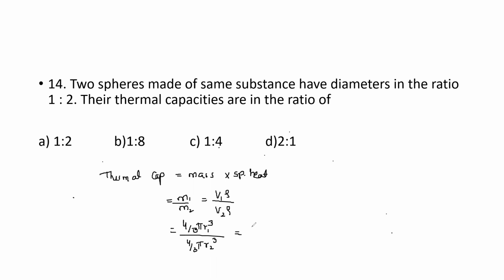So this can be written as r1 divided by r2 to the power of 3. The ratio given is 1 by 2 whole cube, which is nothing but 1:8. That is option B, the right option here.